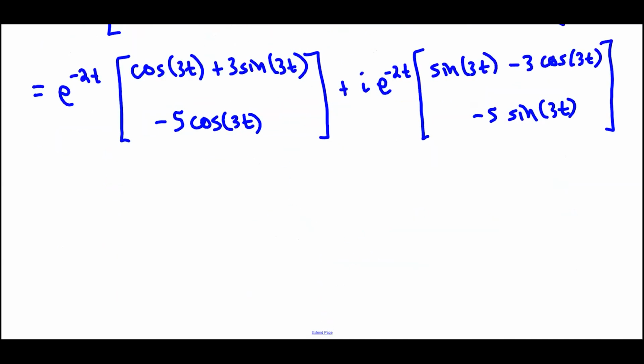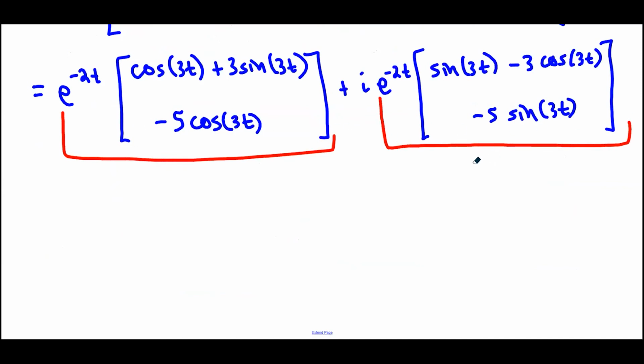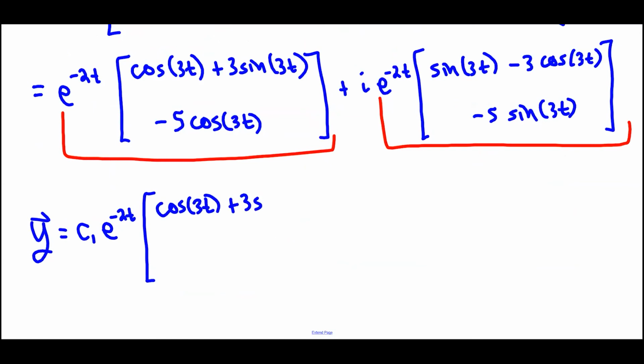So now I can treat this guy and this guy, the first and second vectors, as separate solutions without i. So now I can write my final solution that has no imaginary parts to it. So I'll say C1 e to the negative 2t. You can multiply that inside if you wish. Cosine 3t plus 3 sine 3t.